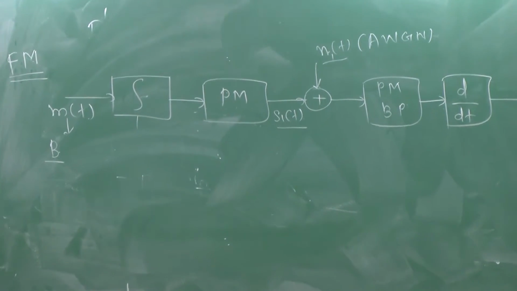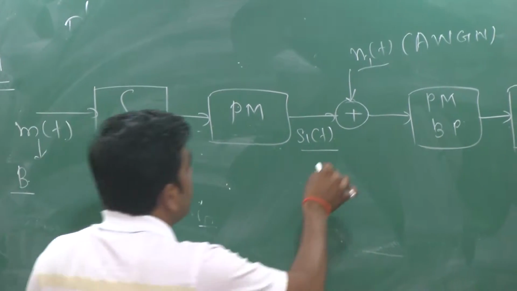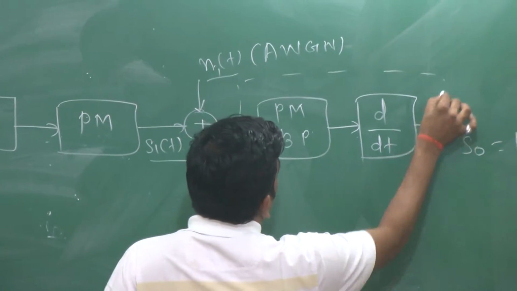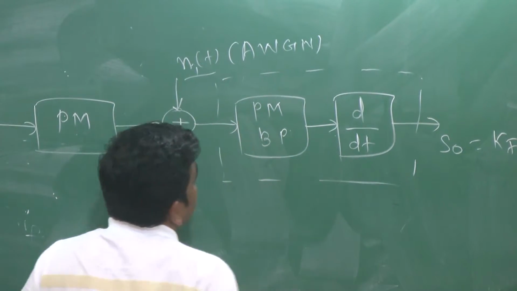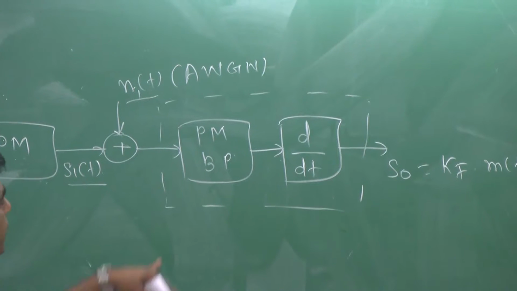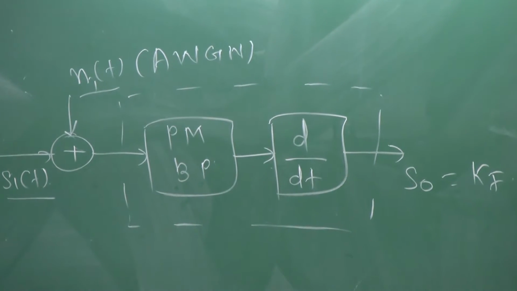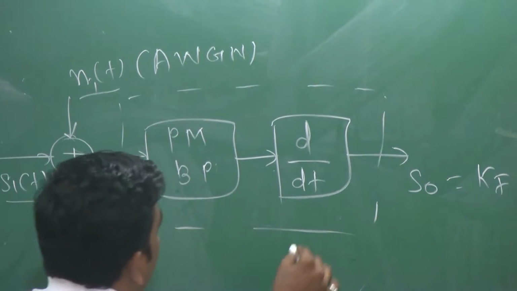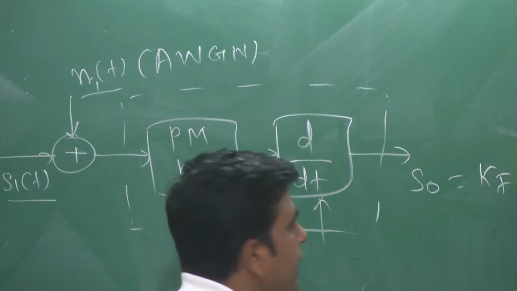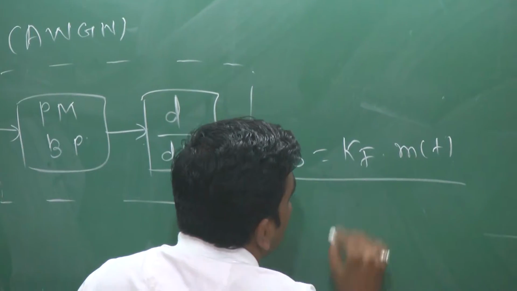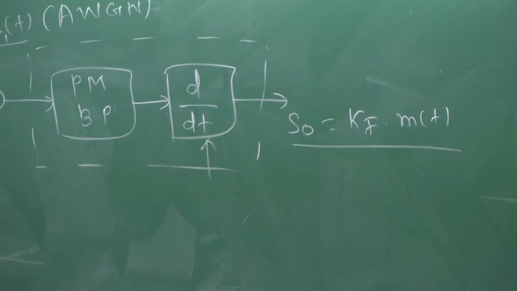Then the PM band pass filter, then the demodulator, followed by the differentiator, and finally we get S0 equal to Kf into m of t.